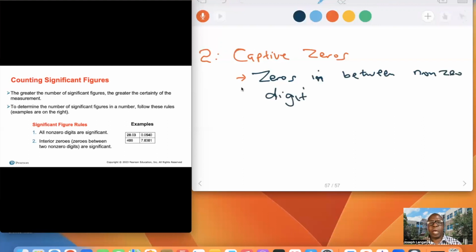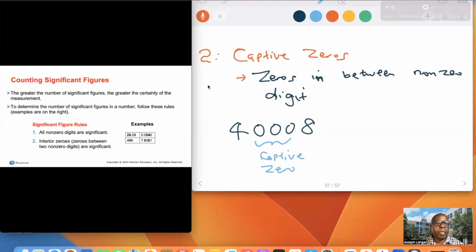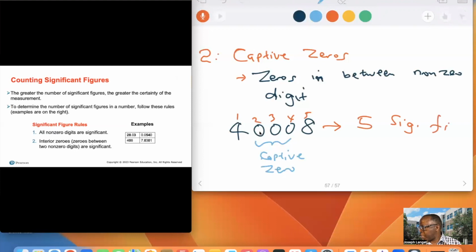We call it captive, it is captured. 4, 0, 0, 0, 8, for example, these are captive zeros right here, and they count as significant. This number here, we count 1, 2, 3, 4, 5. This has 5 significant figures.